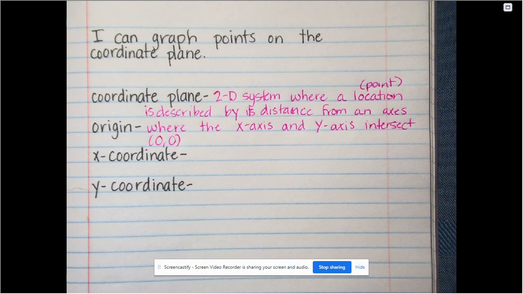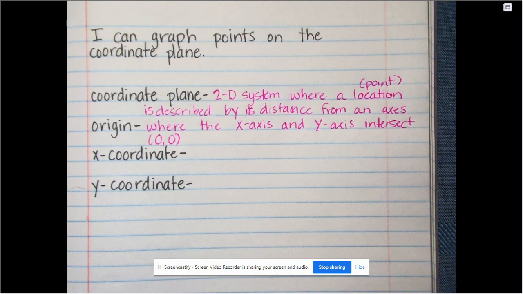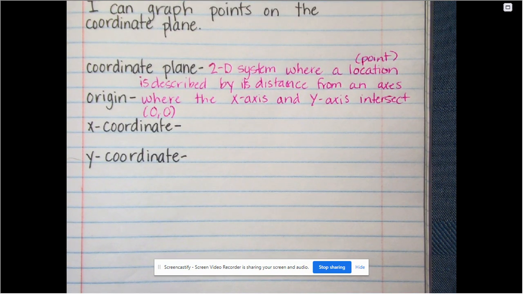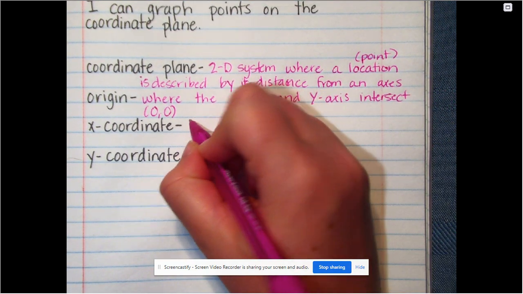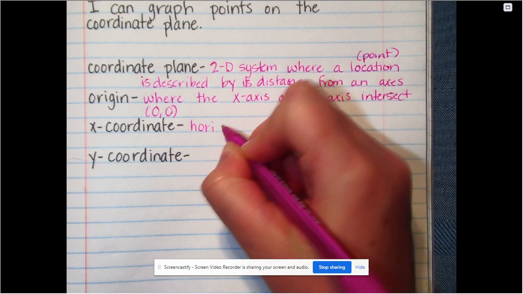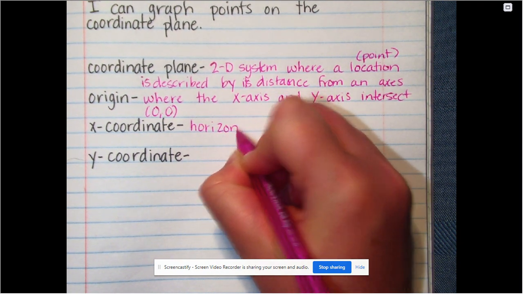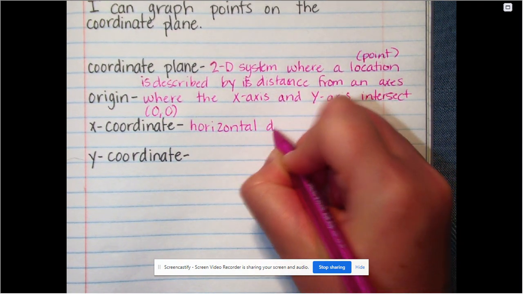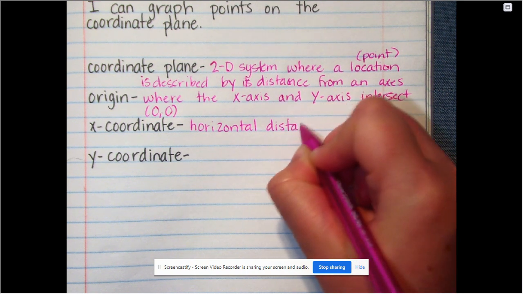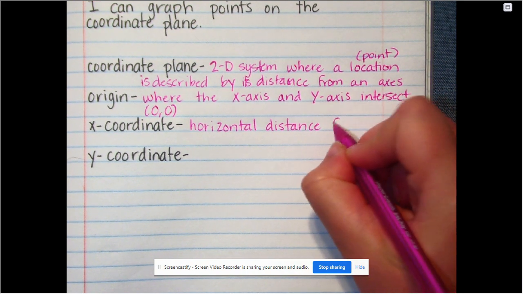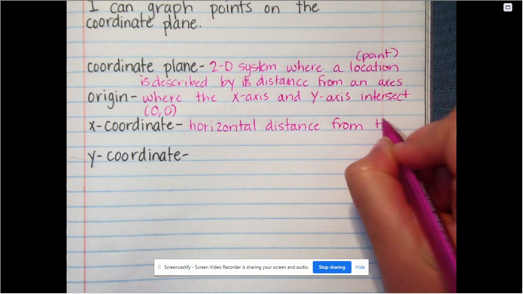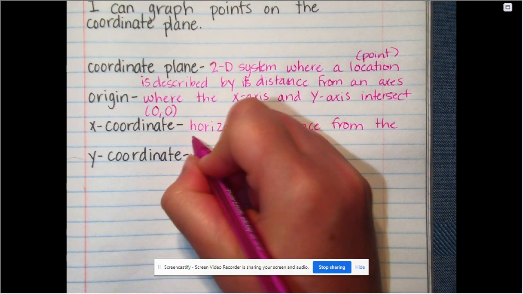Up next is our x-coordinate. So an x-coordinate is the horizontal distance from the origin.